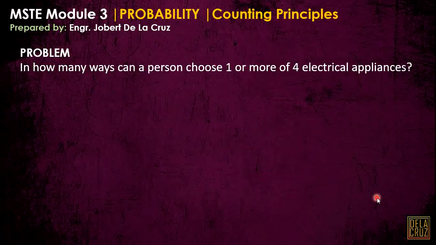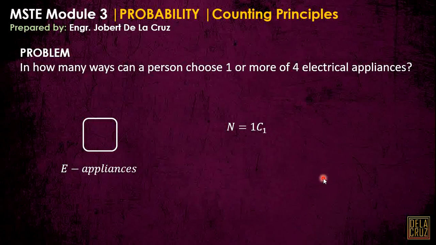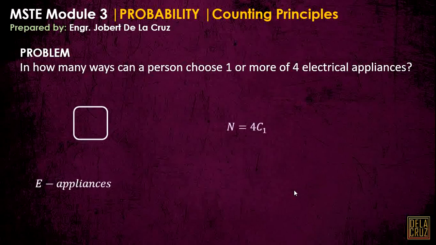How about this one? In how many ways can a person choose one or more of 4 electrical appliances? Okay, so ito yung electrical appliances. Pwedeng isa yung kukunin. So, kung isa yung kukunin natin, this should be 4C1. Kukunin natin yung isa out of 4, that is 4C1. Then, pwede rin, dalawa yung kukunin natin.